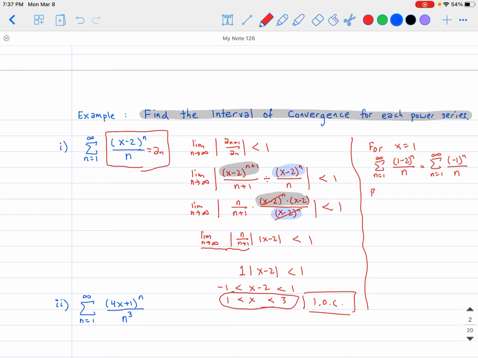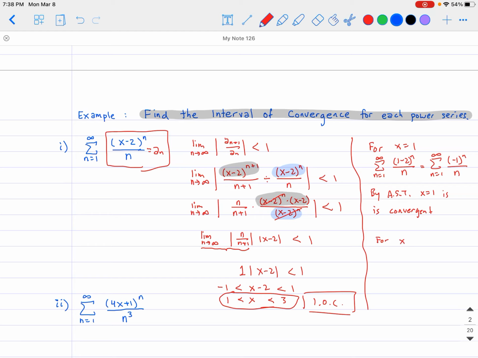By the alternating series test, this is convergent because it's an alternating harmonic series. So x equals 1 is convergent.